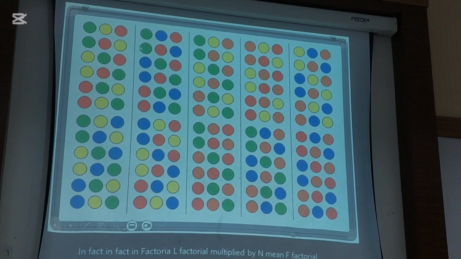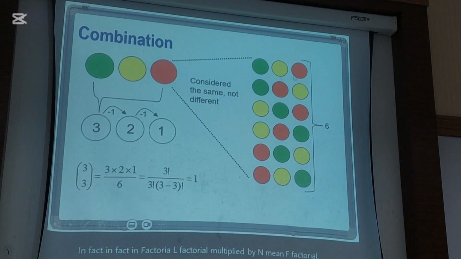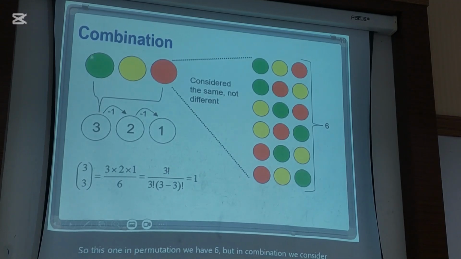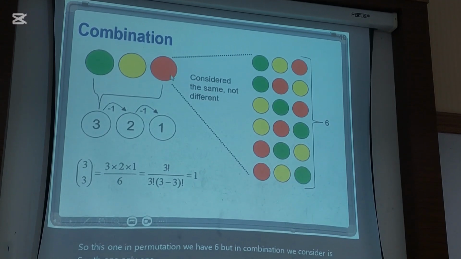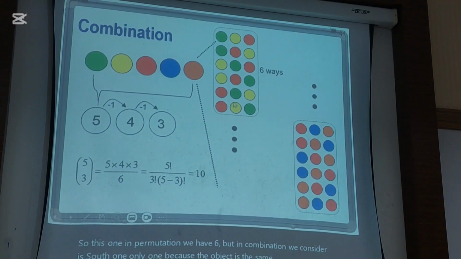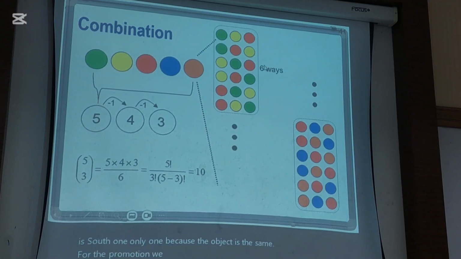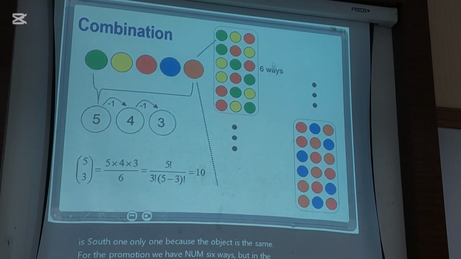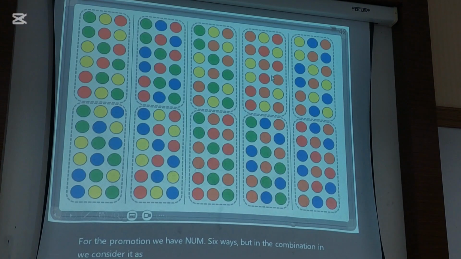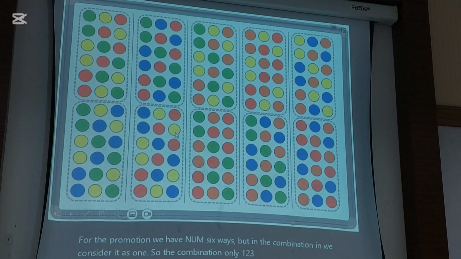In permutation we have 6 ways, but in combination we consider it as 1, only 1, because the object is the same. So the combination will be 1, 2, 3, 4, 5, 6, 7, 8, 9, only 10.